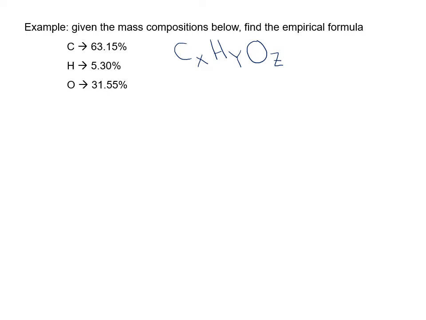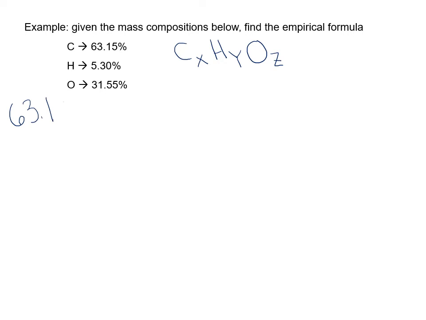Remember or notice that these 3 percentages have to add up to 100%. Otherwise it would not be correct. So because we're only given percentages, we assume that we have 100 grams.